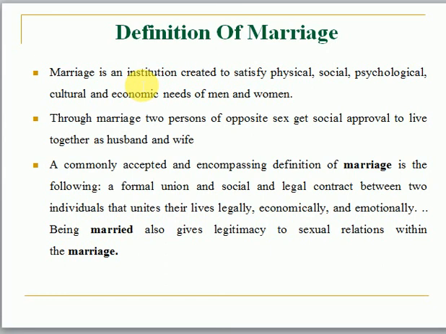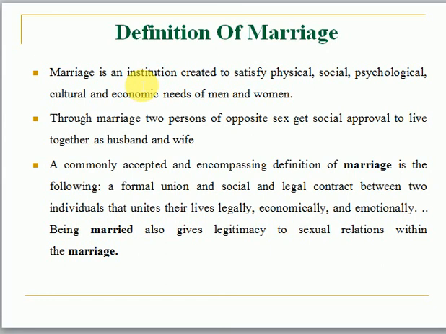Man and woman have an inevitable relationship with each other that no one can deny. Through marriage, two persons of opposite sex get social approval to live together as husband and wife. When you get social approval based on the cultural values, norms, laws, and religious values of a society, these two people come into a contract and agreement, so that for the rest of their life they are known to the people as husband and wife.